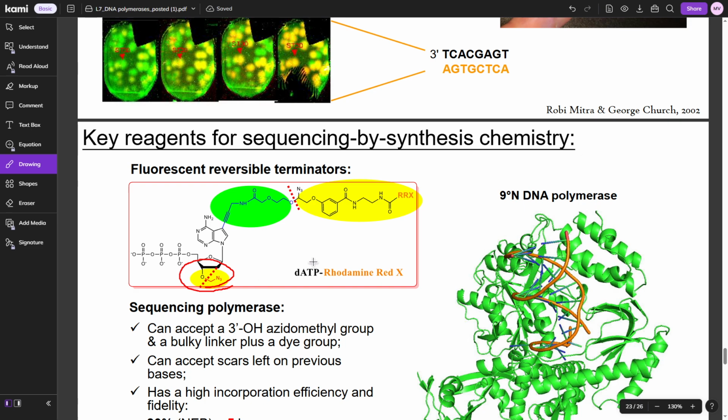And they're reversible because after the NTP has bound to its complementary base, it'll fluoresce, and then after it has fluoresced, you can cleave off this protecting group, and it'll act as a 3' OH to then allow binding of the next nucleotide.